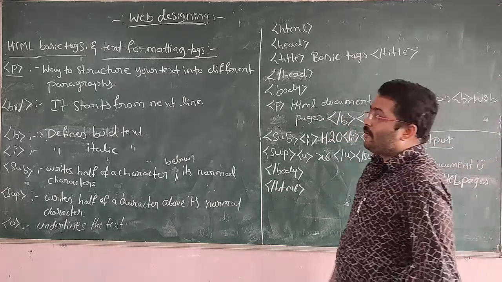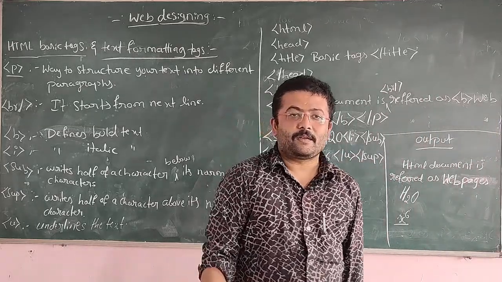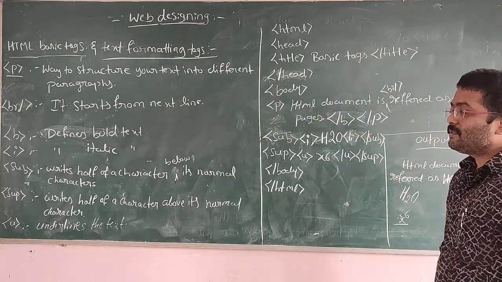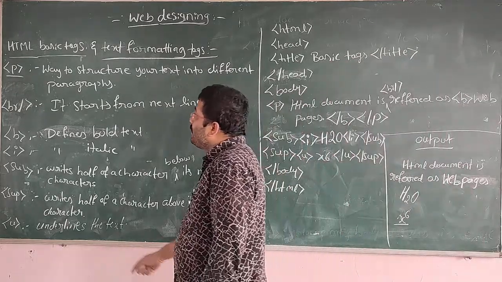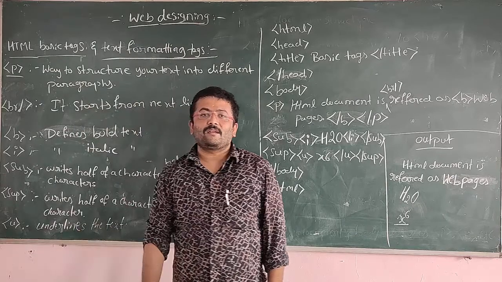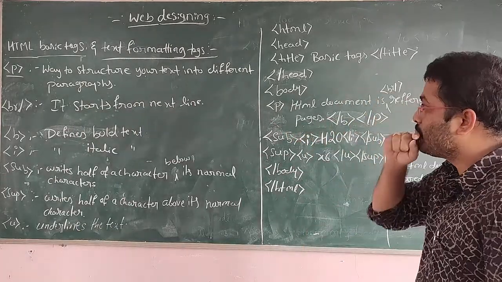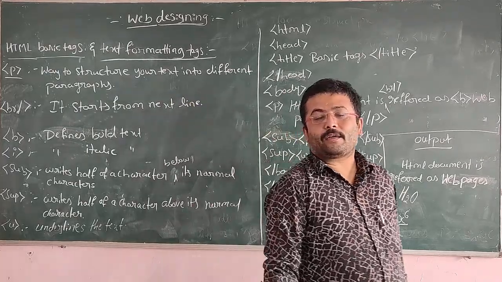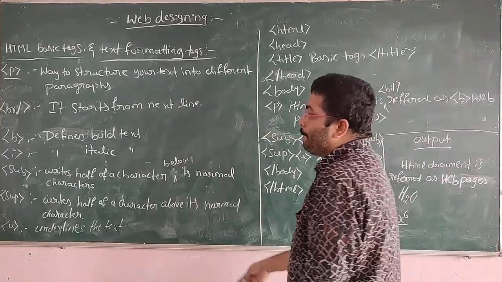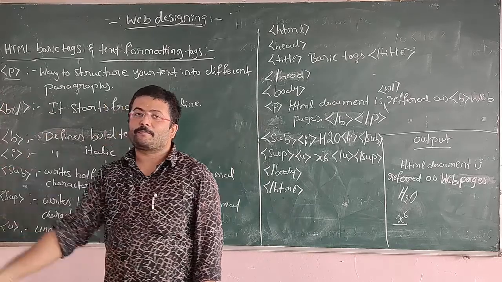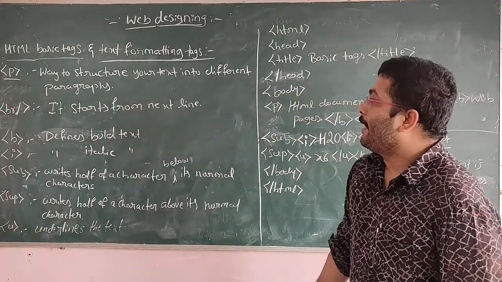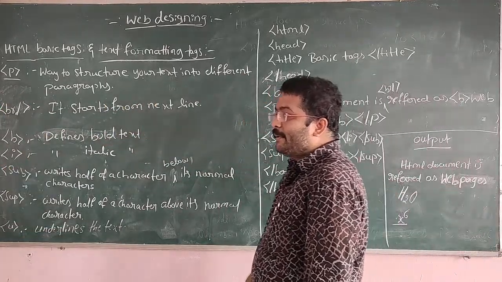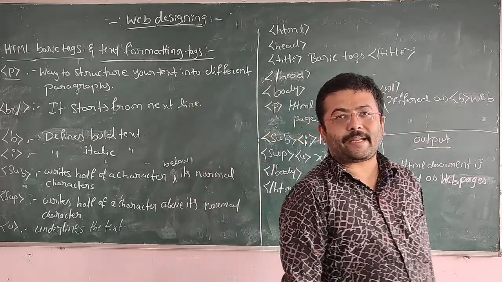This is the continuation of the web design chapter. So in this class we will discuss some basic tags and text formatting tags. So some basic tags and text formatting tags are the P tag, that indicates the paragraph tag, and the BR tag, that means line break tag.